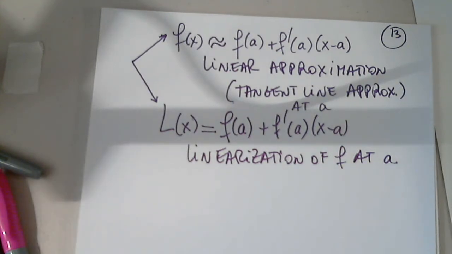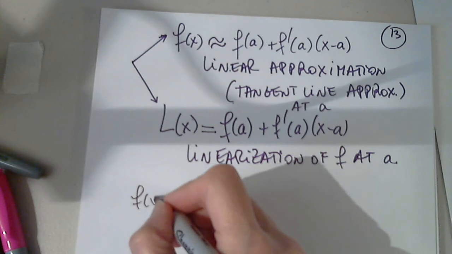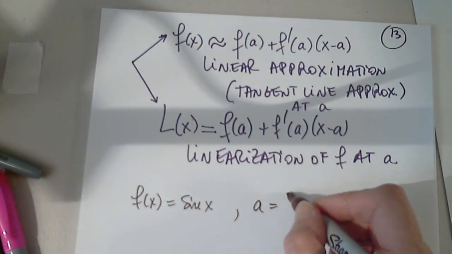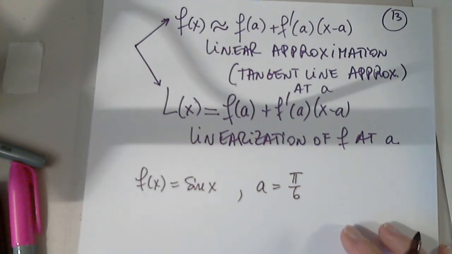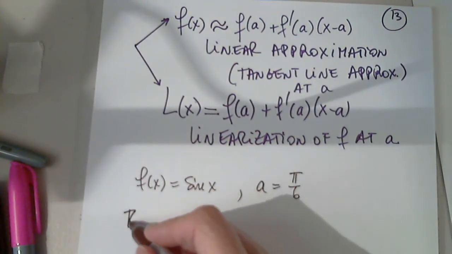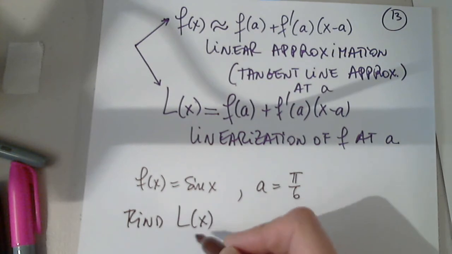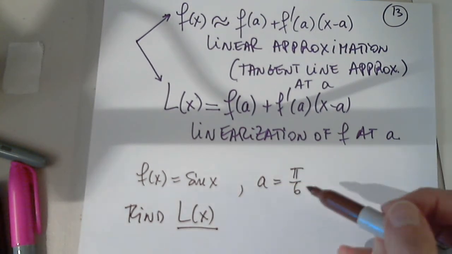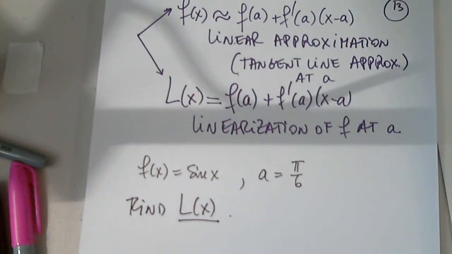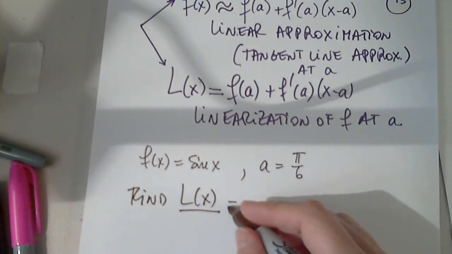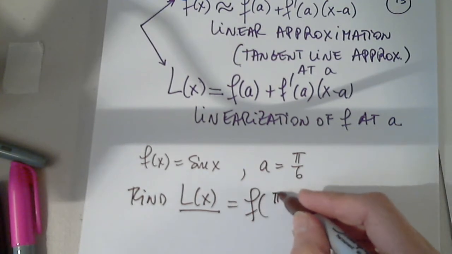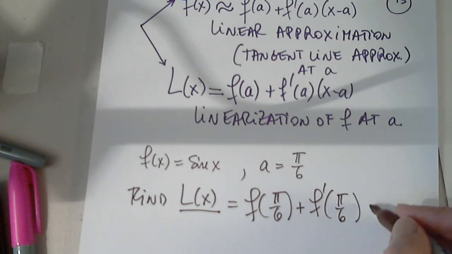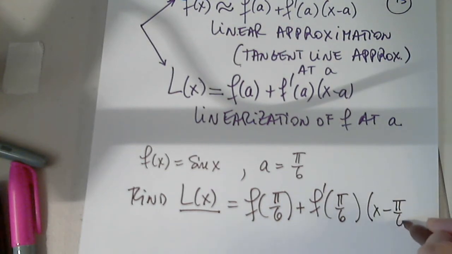Find the linearization. So we are given f of x equals sine x and A equals pi over 6. We are asked to find L of x, the linearization of function f of x at A. No problem. All I have to write is f of pi over 6 plus f prime of pi over 6 times x minus pi over 6.